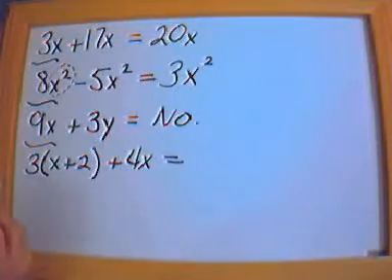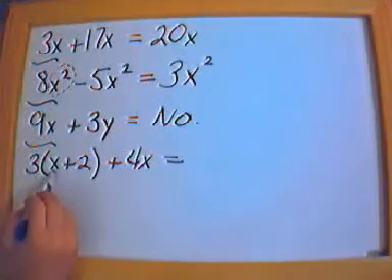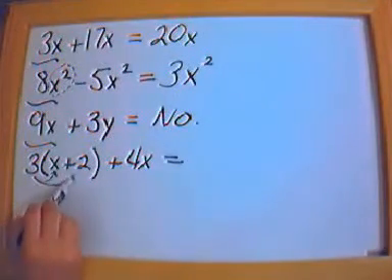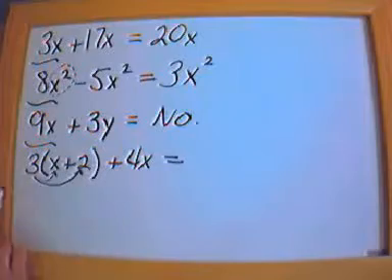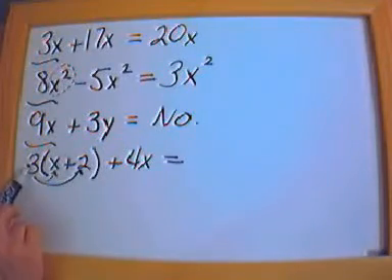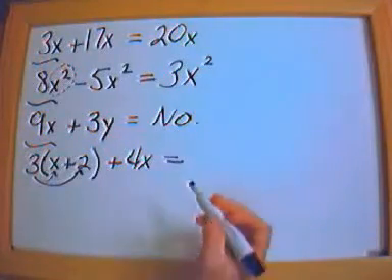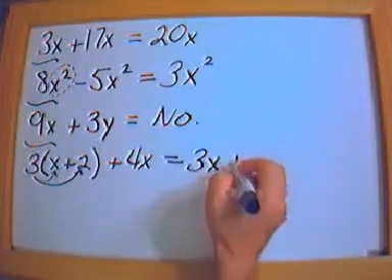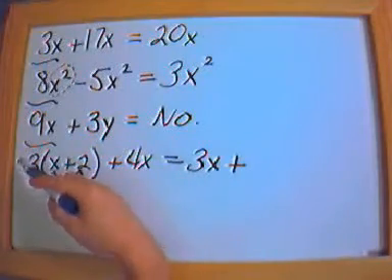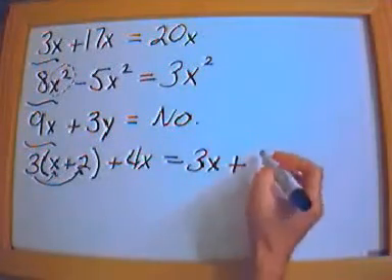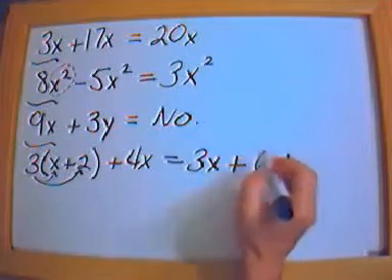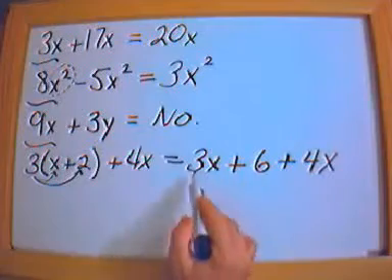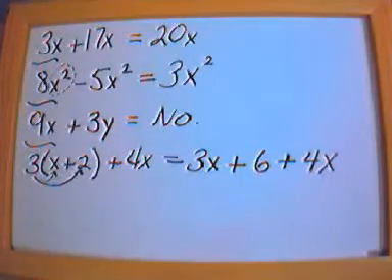If you remember from an earlier lesson, you use the distributive property, so you distribute the 3 in there: 3 times x, and also 3 times the 2, because when it's in parentheses, 3 is multiplied by each and everything inside. So I begin with 3 times x for 3x plus, because I'm multiplying positive numbers, 3 times 2 is 6, and then I continue on with my 4x because I haven't done anything to it. So 3x plus 6 is what you end up with when you expand that out.